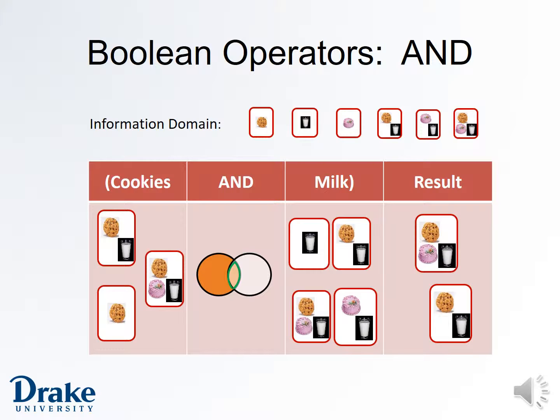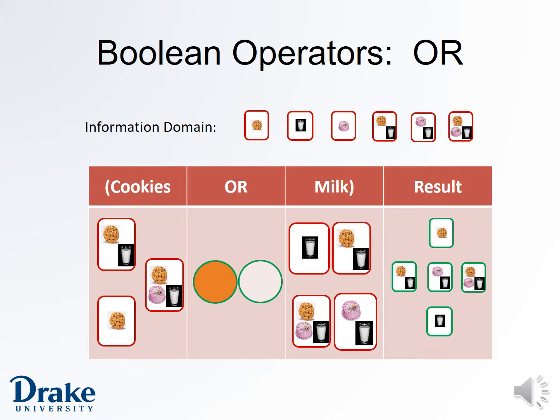So cookies AND milk will retrieve records which must contain both words. If we look at one set of cookies and one set of milk, by using the AND operator, instead of ending up with 7 odd items, we only end up with 2. We've increased the precision.